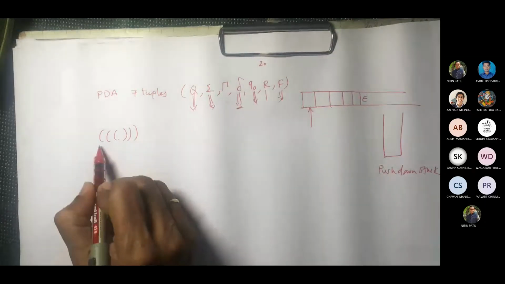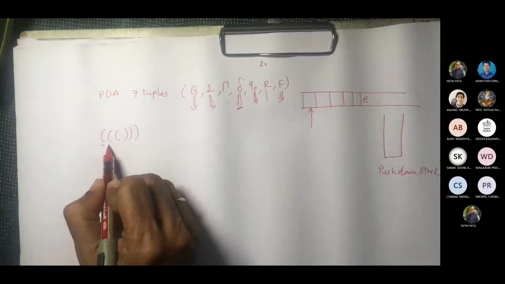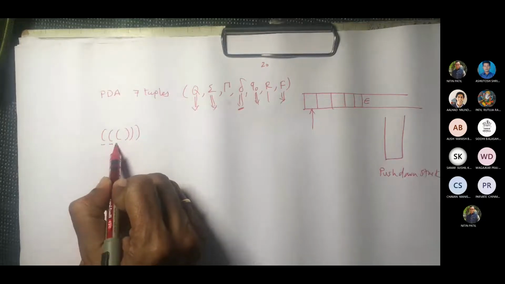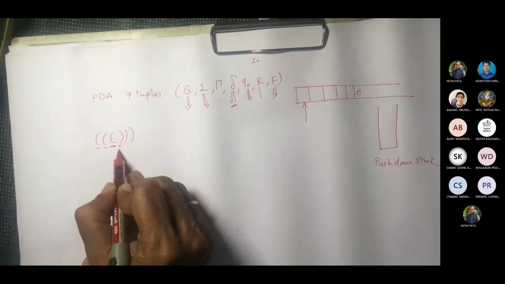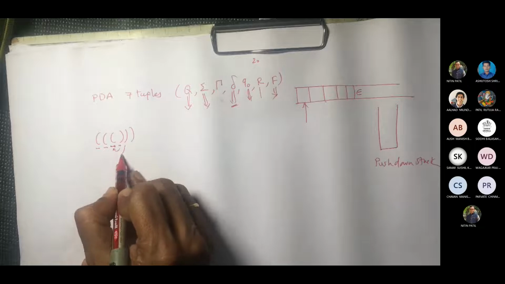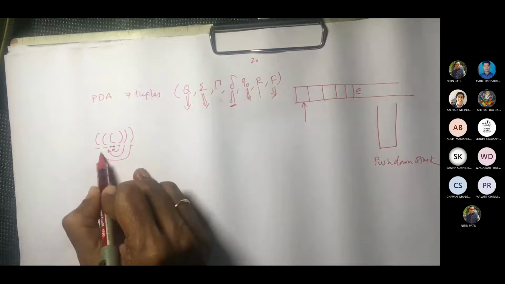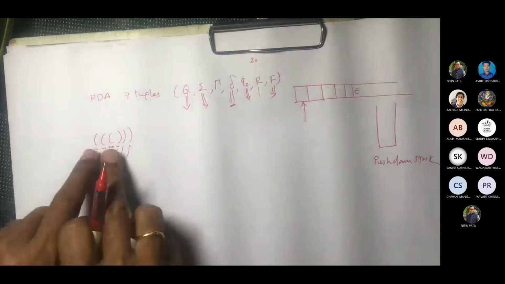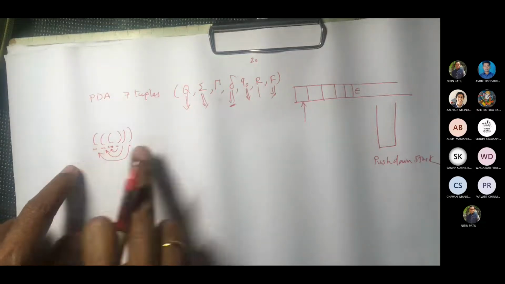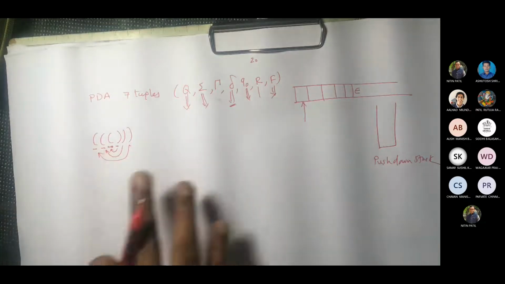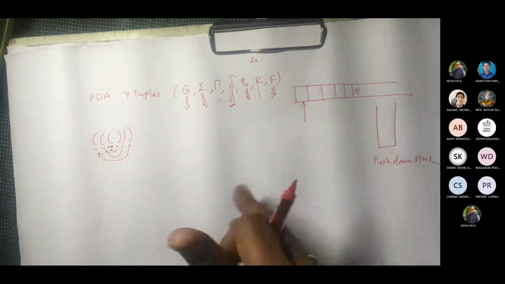Whenever we get opening parentheses, we keep loading them into the stack. Then whenever we get a closing bracket, we pop the topmost. That means you read the contents of the input and at the same time operate on the stack. That's how the function would be.